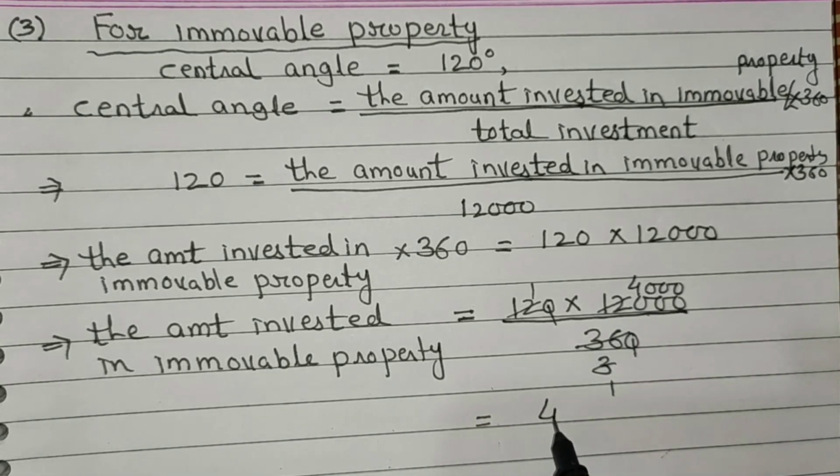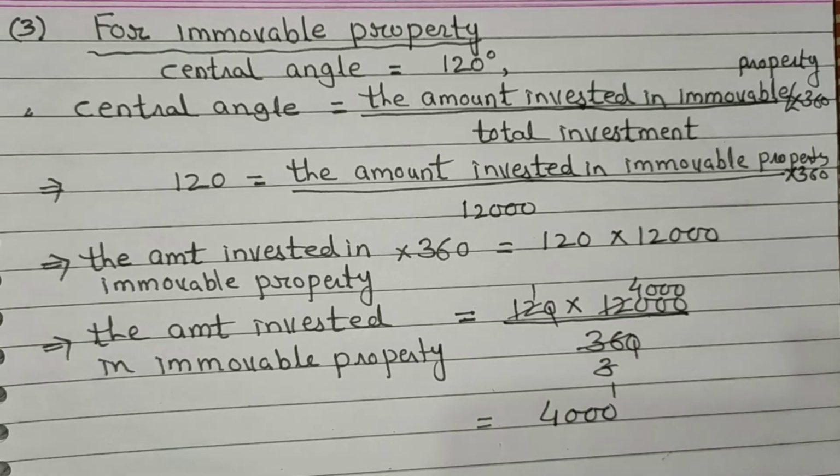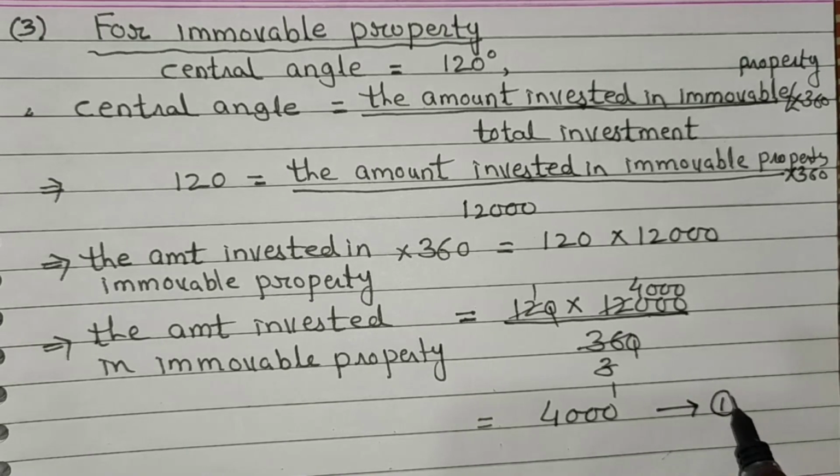Therefore we get here 4,000. It is the amount invested in immovable property. Give it equation number 1.